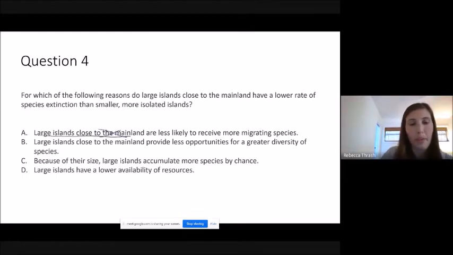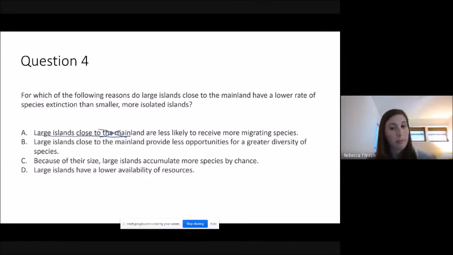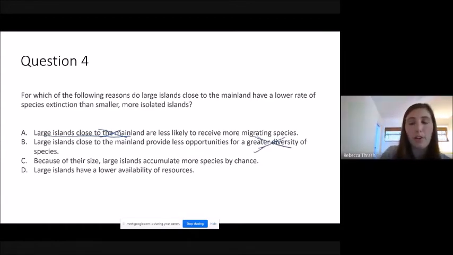No. Large islands close to the mainland provide less opportunities for a greater diversity of species. Also not true. Larger area, more habitat, more space, more microclimate differences in the ecosystem that organisms could use as an available niche.